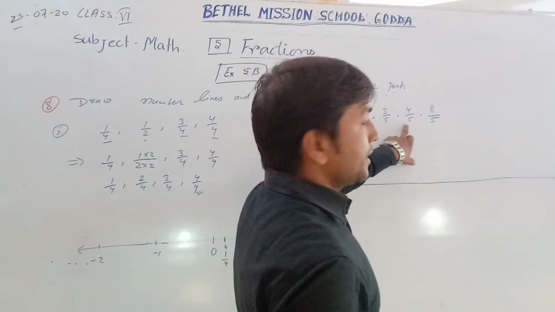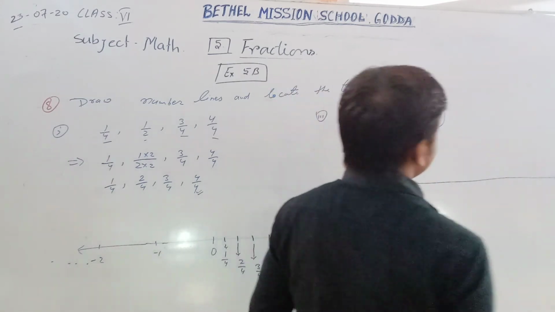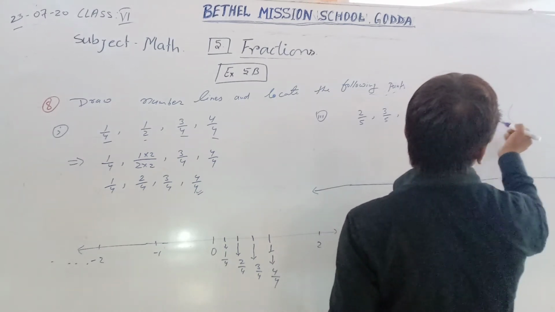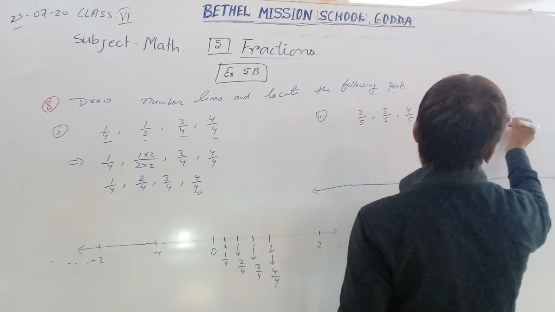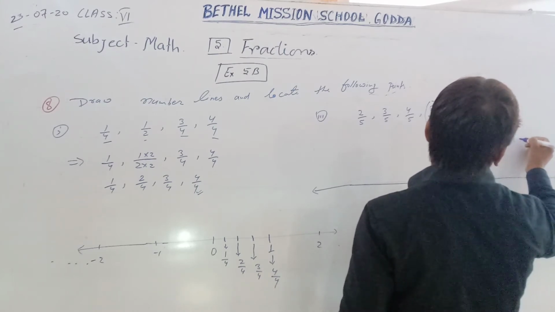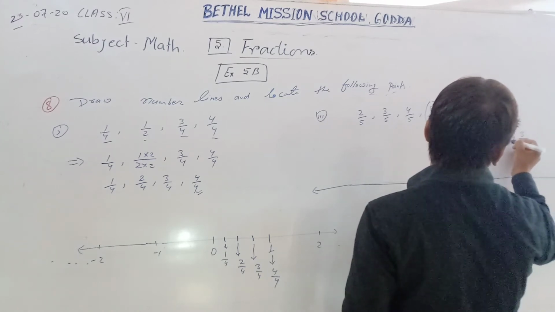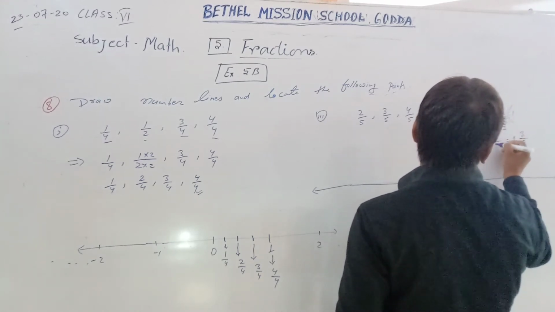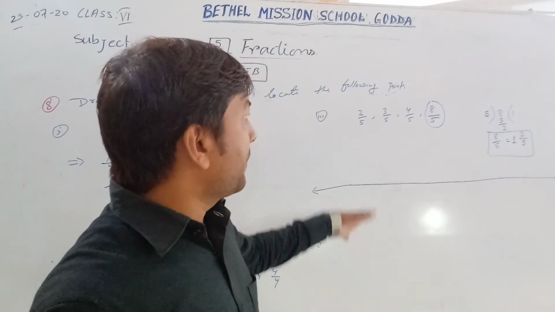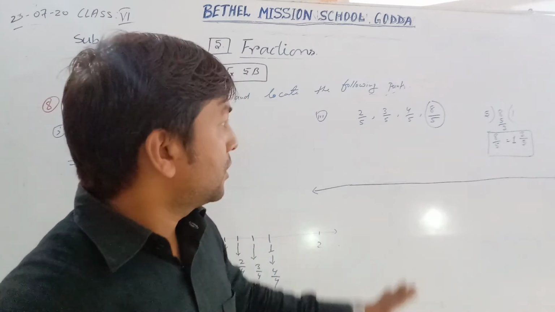All the values lie between 0 and 1, except this one. When you divide 8 by 5, you get 1 as the quotient and 3 as the remainder. It means 1 and 3 upon 5. This is 8 upon 5. You can make a separate number line, or in a single line you can show this one.